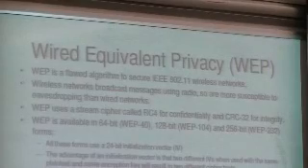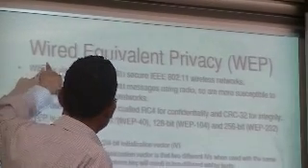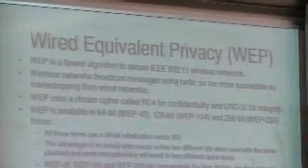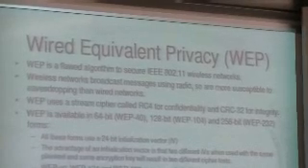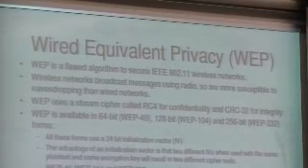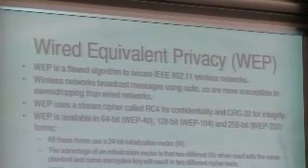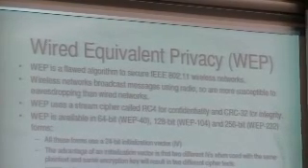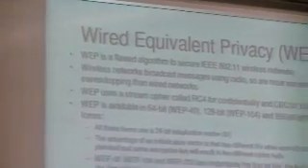Okay. So this Wired Equivalent Privacy uses one particular encryption algorithm called RC4. You could look up in Google what the full name is, but this is the name of the encryption algorithm. And the hashing algorithm it uses is very simple.